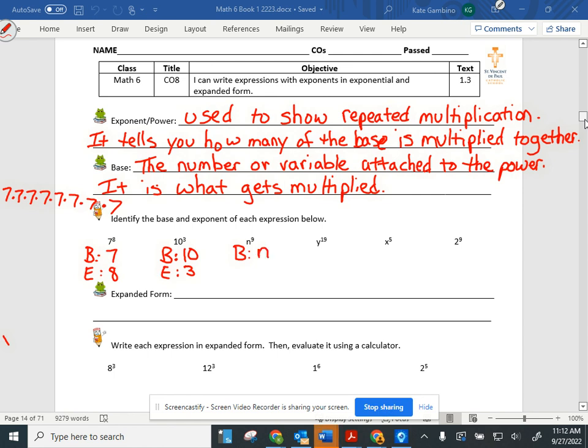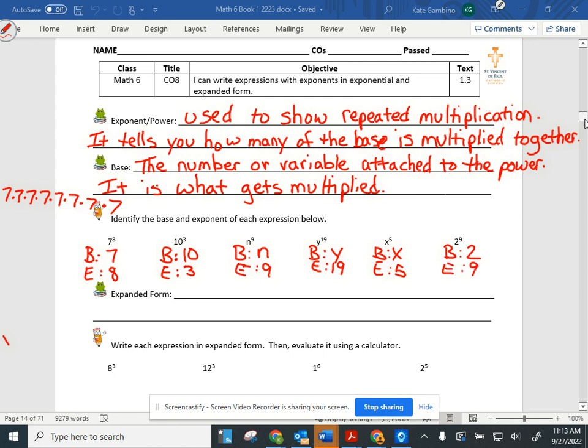What is our exponent? 9. Next one, what is our base? Y. What is our exponent? 19. Next one, what is our base? X. What is our exponent? 5. And our last one, what is our base? 2. And what is our exponent?